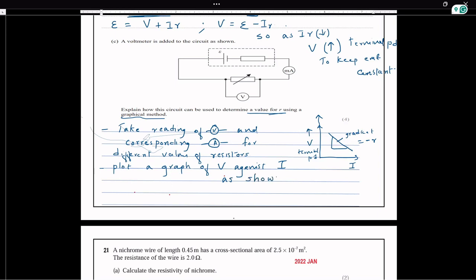So a sample is shown here. Then find the gradient, which is equal to negative R. So R is equal to negative of the gradient.